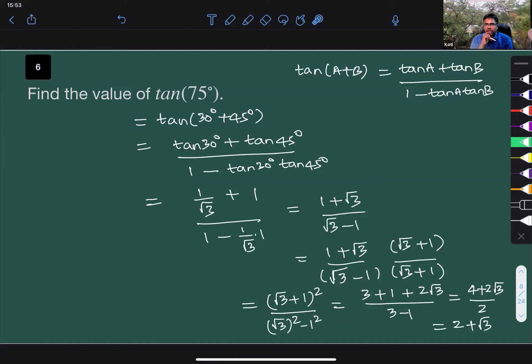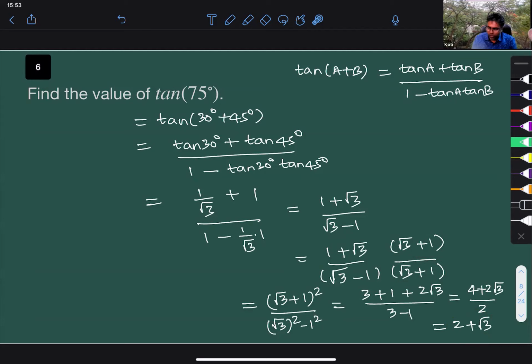Yes, I agree. You could do it quickly. Maybe it took time because I'm showing you every step here, but it doesn't take much time, as Sudhanya pointed out. Okay, Harsha.